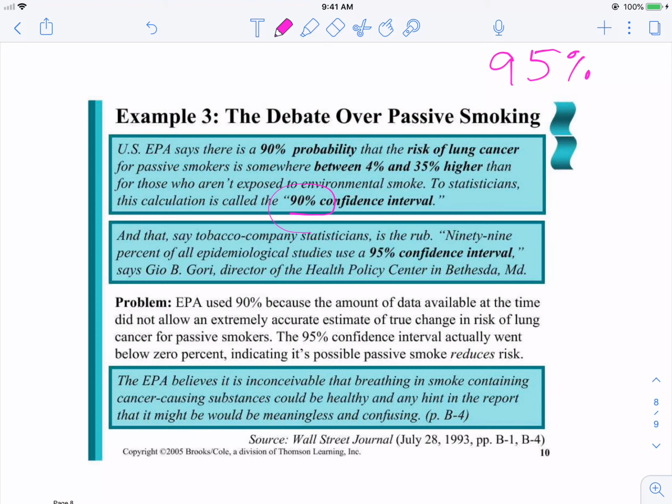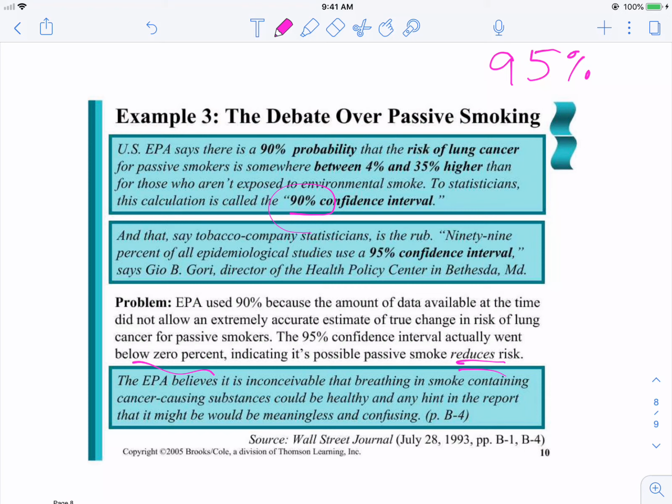Now, the EPA noticed this, and the problem was that they used a 90% confidence interval because the amount of data available at the time did not allow an extremely accurate estimate of the true change in the risk of lung cancer for passive smokers. The 95% confidence interval actually went below 0%, indicating that it's possible that passive smoke reduces lung cancer.